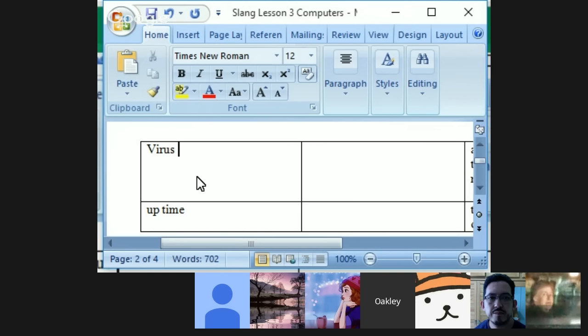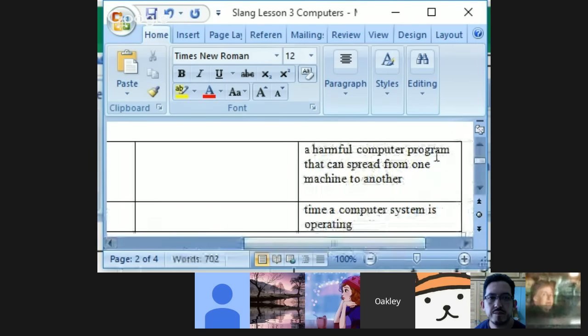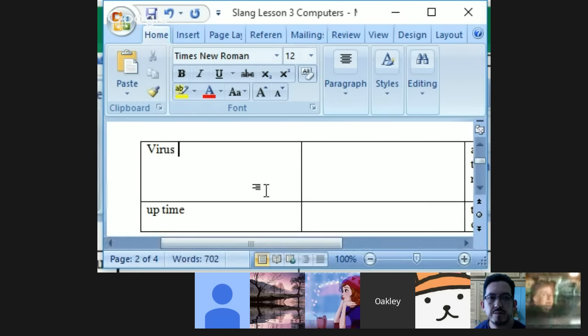Any experience is too much experience. Right. All right, a harmful computer program that can spread from one machine to another. Very close to your definition.